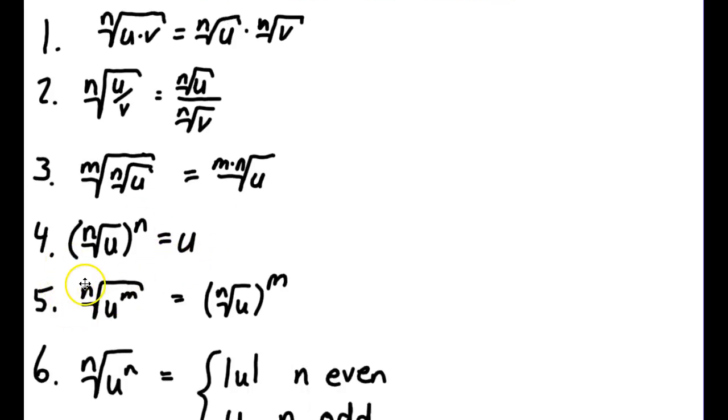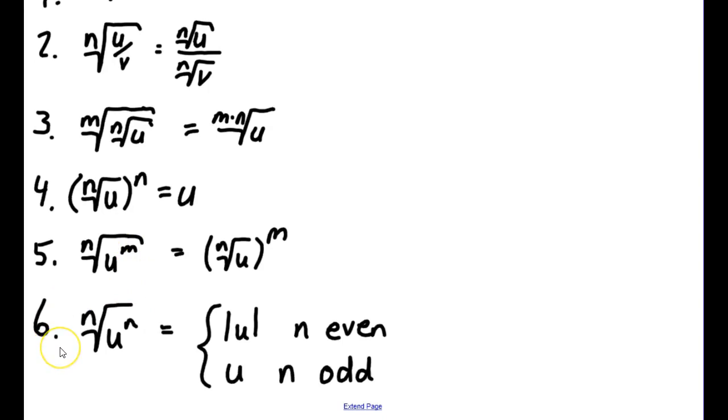The fifth one, we have the nth root of u raised to the m power. We can rewrite this in an equivalent form where we take the nth root of u, and raise this whole quantity to the m power. So we're taking this exponent that was underneath the radical, and now we're writing it outside the radical.